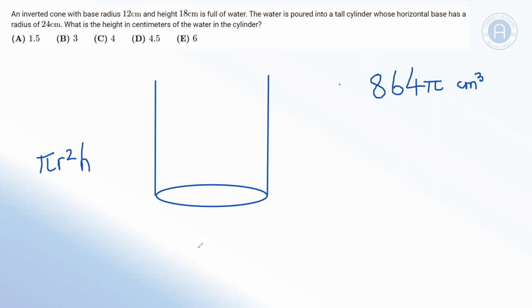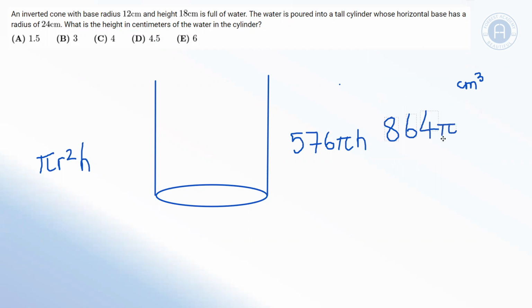And we know the radius is 24. So pi times 24 squared is going to give me 576 pi times the height. And that must be equal to the amount of water we're pouring into it. So this must equal this.